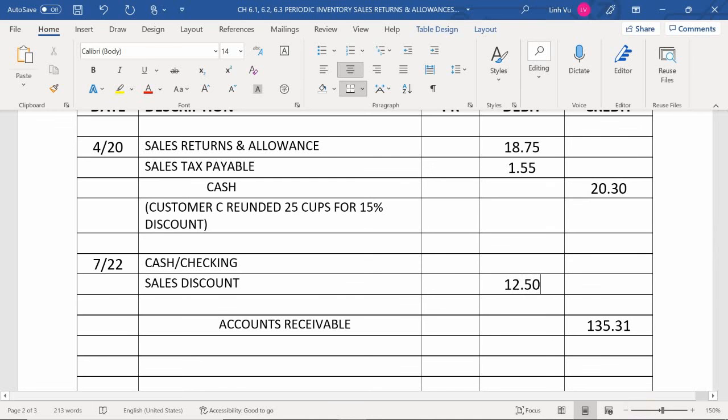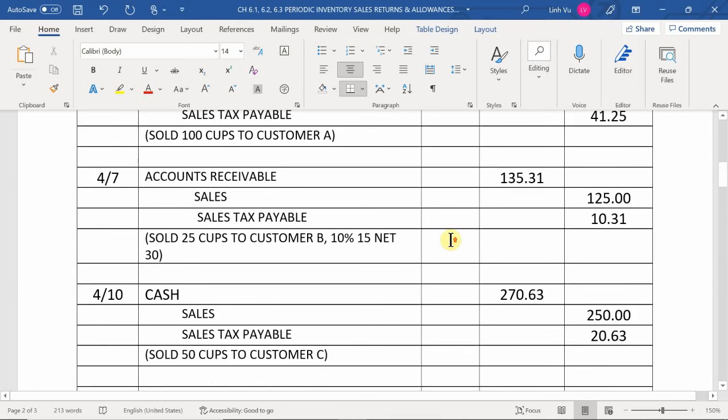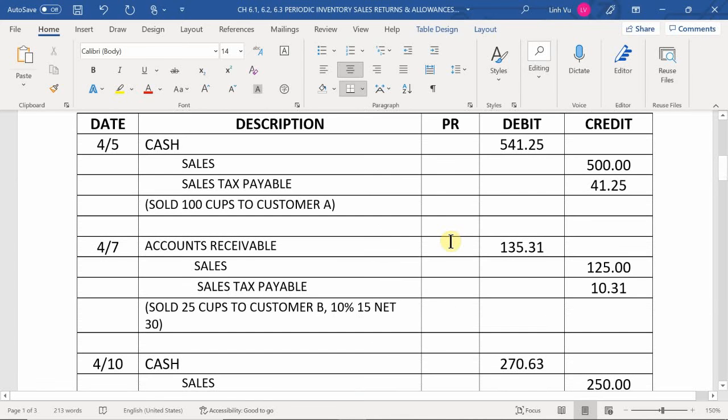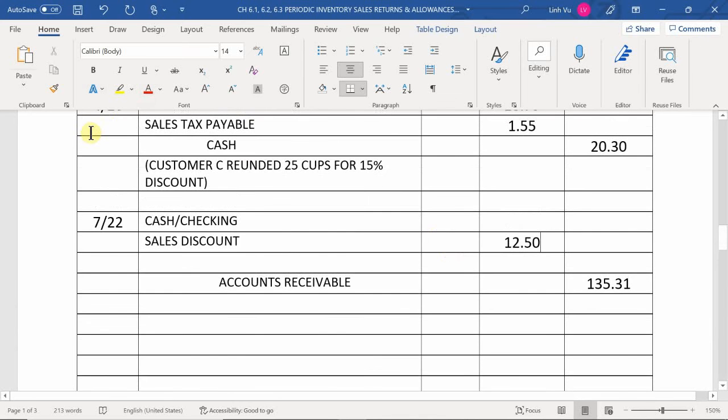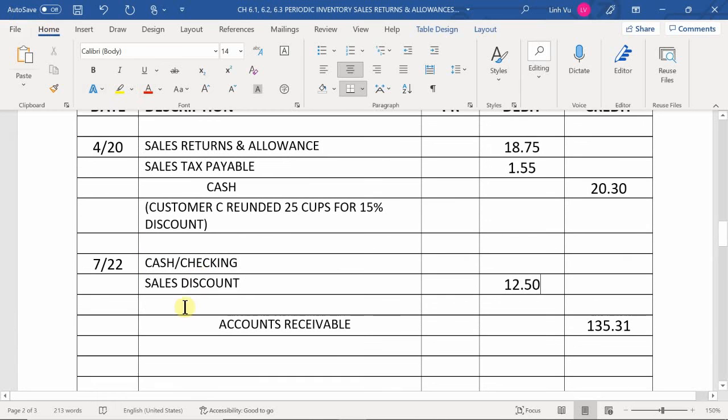$12.50. Now here's one thing. I also charged them sales tax the day that I recorded the sales. Because they're going to be receiving a discount, I also have to return to them their sales tax money that I originally charged them. So now I need to give them back the money.